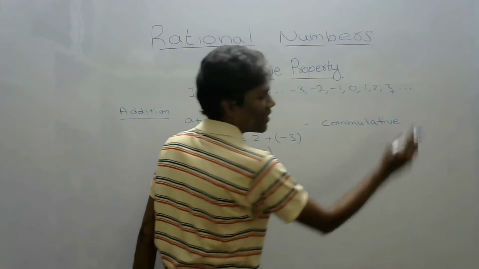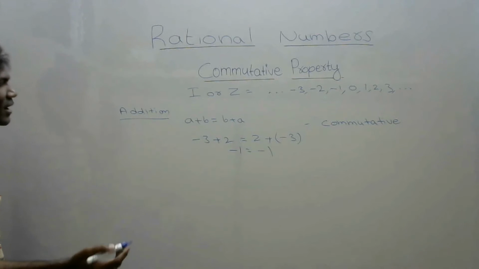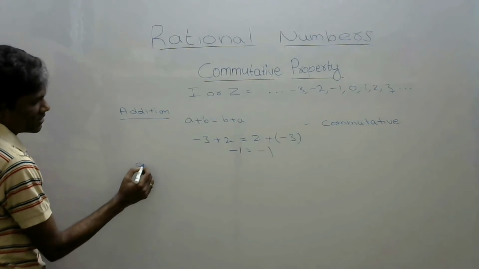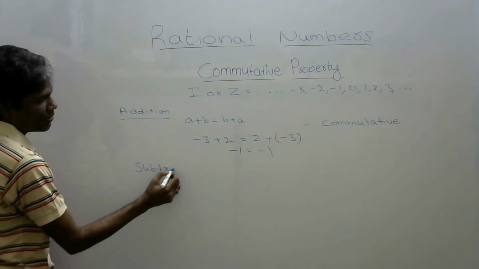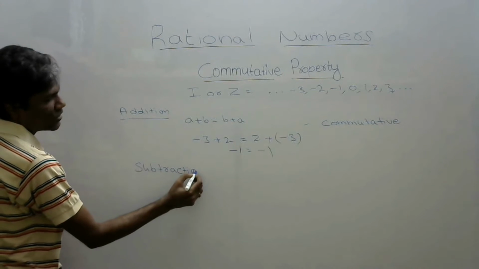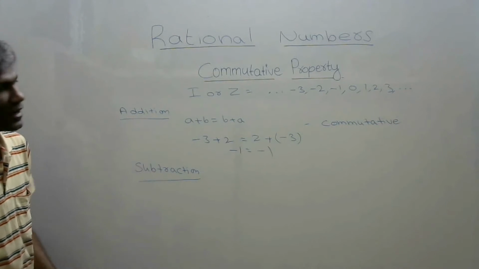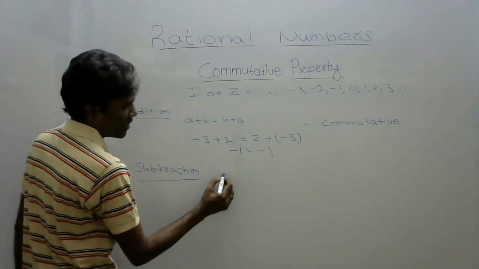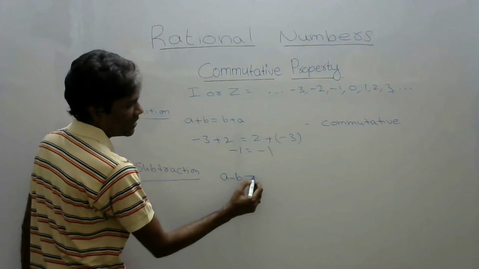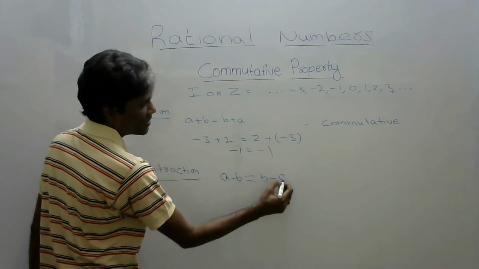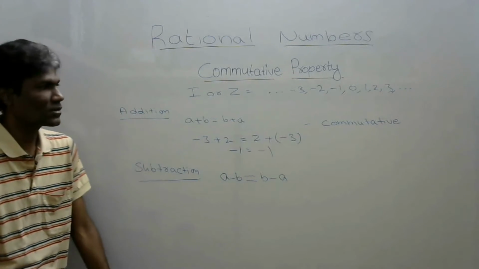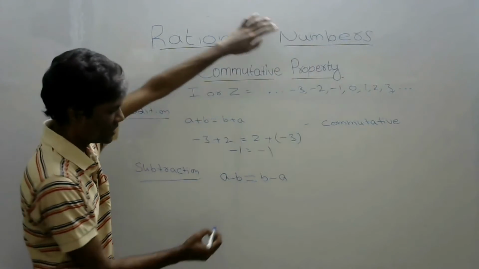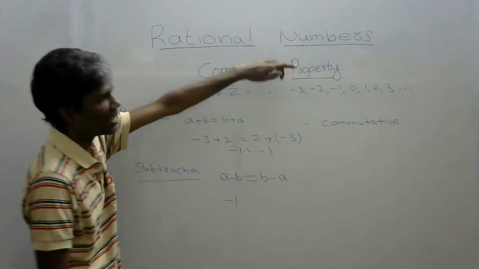Next, subtraction. Here we need to check whether a minus b equals b minus a or not. Now take some numbers. Say first number, minus 1, I am taking.